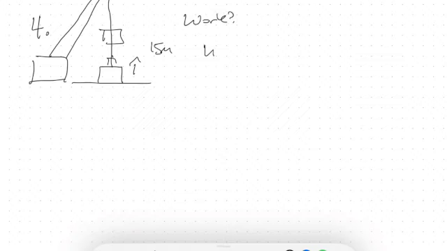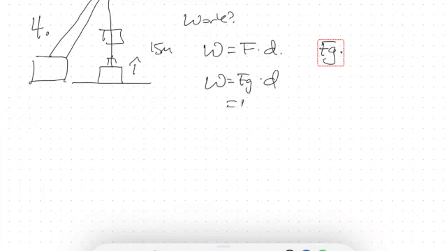So we remember that work equals force times distance. And the force is equal to the force of gravity of the rock. So the work will be the force of gravity times the distance. It's mass times gravity times the distance.